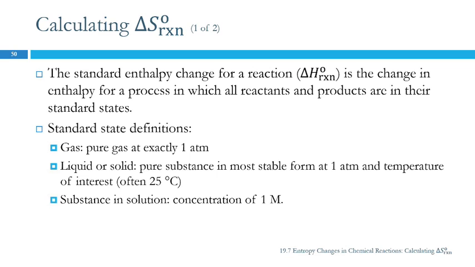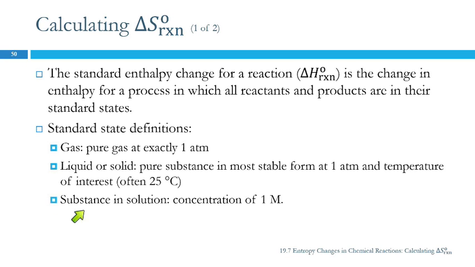So we need to remind ourselves, what does a standard state mean? If it's a gas, it means the pure gas at exactly 1 atmosphere. So do we encounter gases in their standard states very often? No. Nitrogen is probably the closest, but even it's not 1 atmosphere. If it's a liquid or a solid, we're talking about the pure substance in the most stable form at a pressure of 1 atmosphere and temperature of interest, which is usually 25 Celsius.